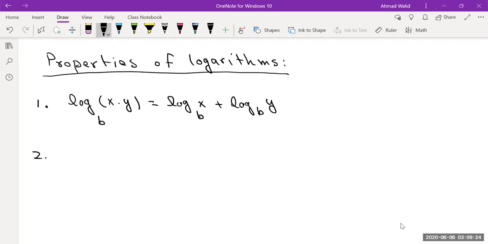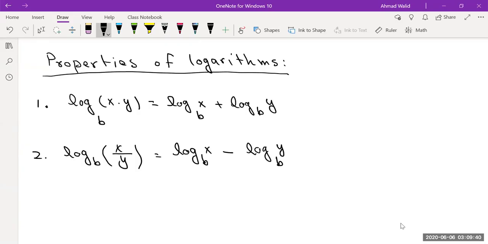Property number 2. If you have log of x over y base b, the quotient rule, in this case, the expanded form will be log of x base b minus log of y base b.